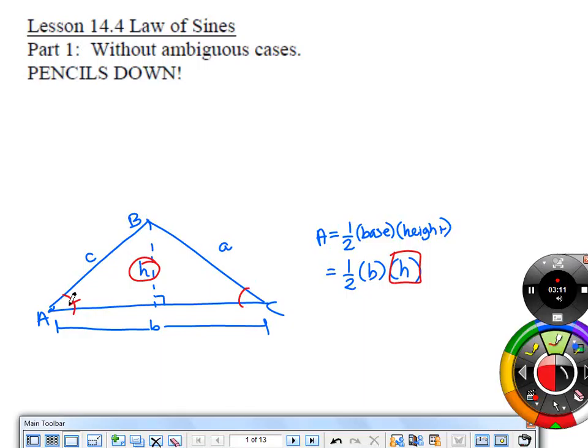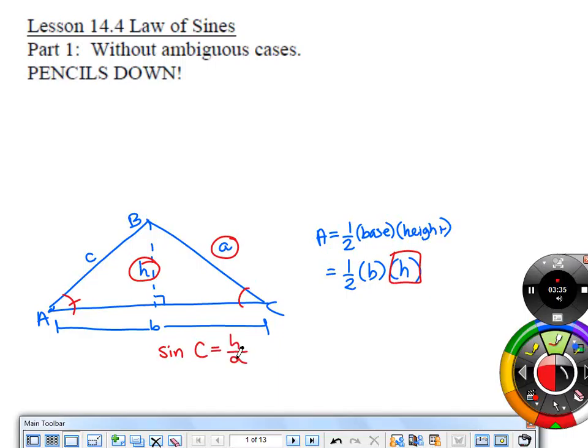That once you drew this, you kind of looked at one triangle, okay? If I were to try and find H using angle C on this side, I would also be using side A, right? And I would say, what trig function would you guys use if you were using H and A? Sine. So I would say the sine of angle C equals H over A.